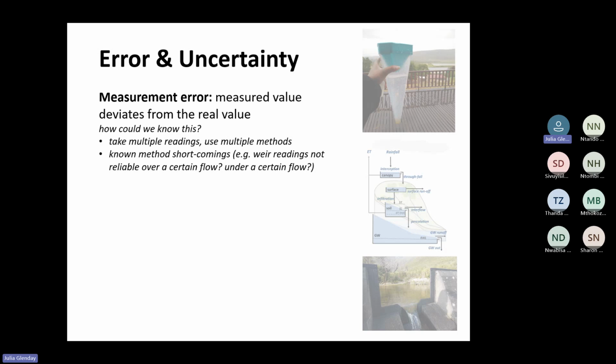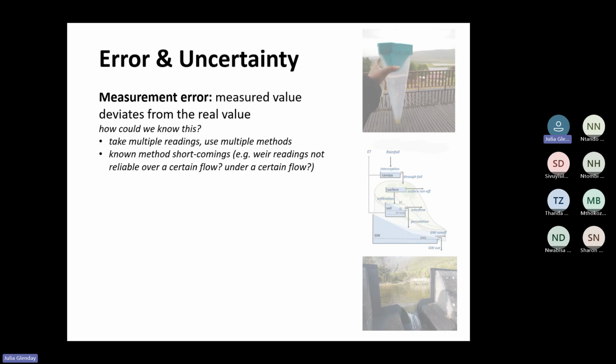We can have an idea of how much error there might be in a measured value. That is, the measured value deviates from the real value, but how do we know what the real value would be versus the measurement? By taking multiple readings or using multiple methods to check the equipment. Often measuring equipment comes with an estimate of error ranges.